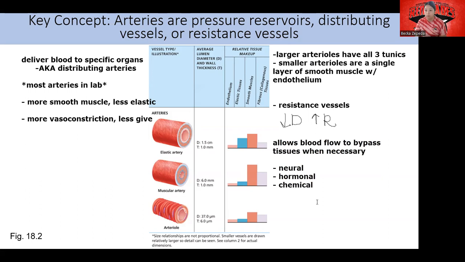You are going to slow down blood flow to your kidneys, to your digestive organs as you focus on this fight or flight response. And so the arterioles that are leading to the kidneys, that are leading to the digestive organs, are then going to vasoconstrict so the diameters are smaller, and so less blood flow goes to those areas because they need to go to other areas like your heart, your skeletal muscle, your brain during that fight or flight response.